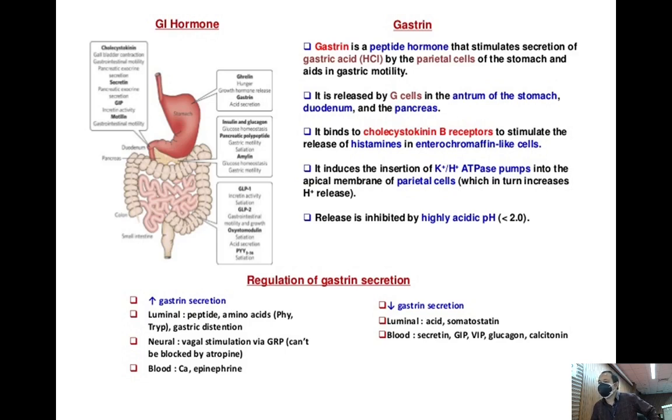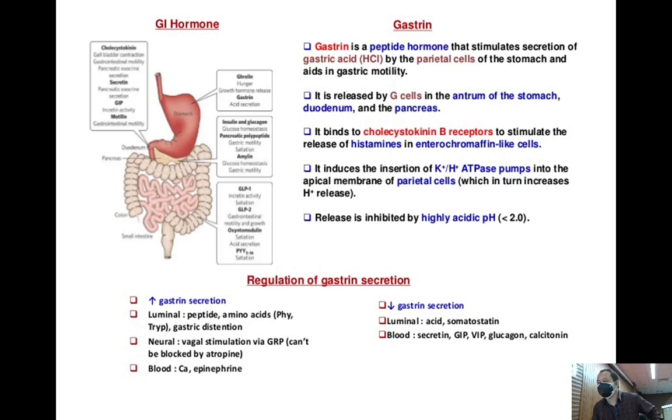HCl, as you know, is important for the digestion of food coming from the mouth into the stomach, and it also helps in the protection of the GIT. It's a kind of innate immunity, where the acidic nature kills the pathogens.